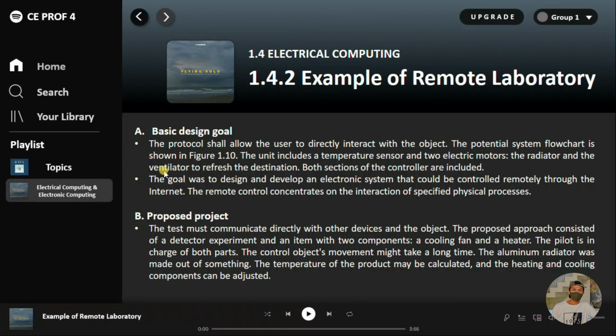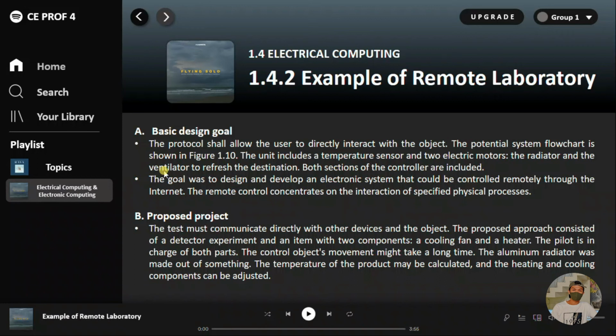So the next topic, also in the electrical computing, the subtopic number 2 is the example of remote laboratory. So the first one is the basic design goal.